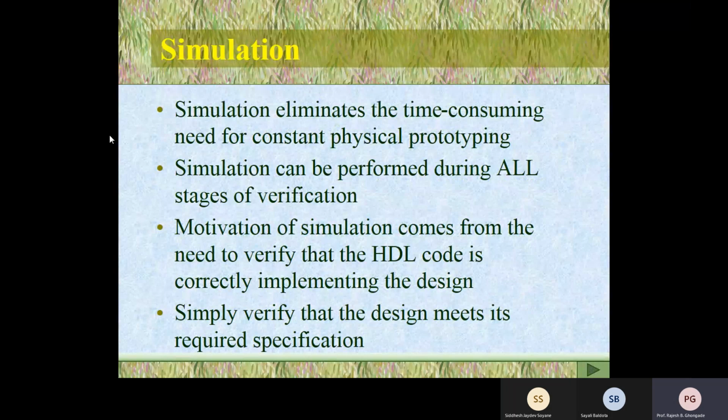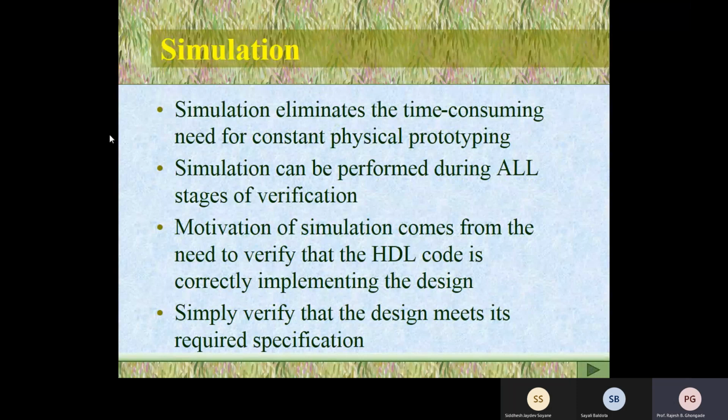Now, simulation is a wonderful tool. In fact, in my undergrad classes, I normally give a lot of emphasis to the usage of simulation tools, specifically Multisim and then Proteus. Those are for circuit designs. Why is simulation important?